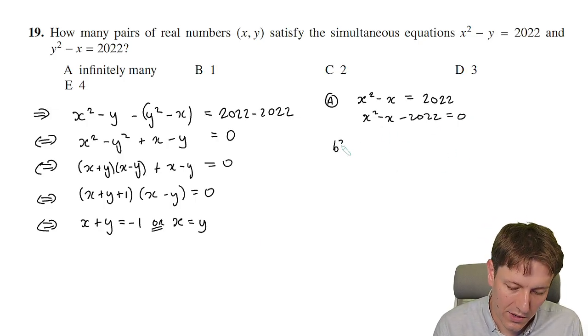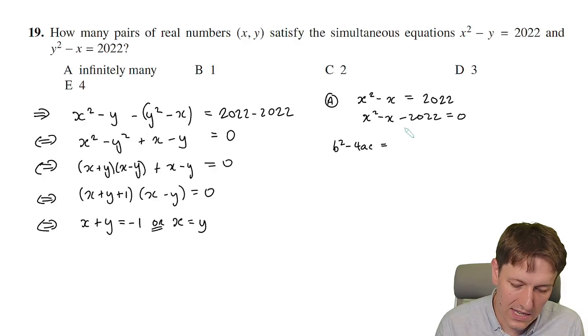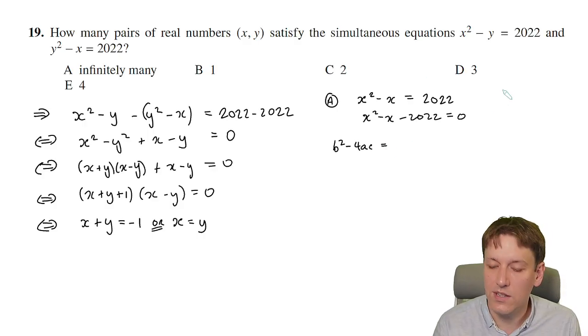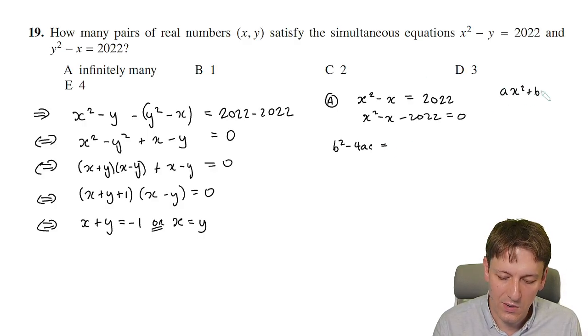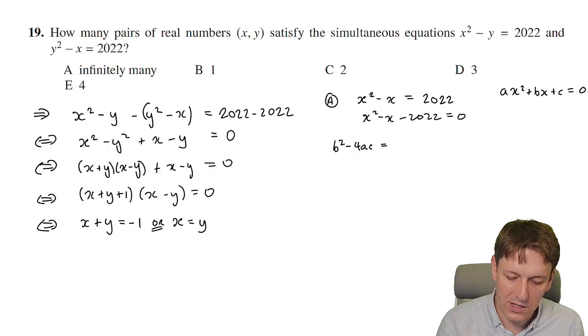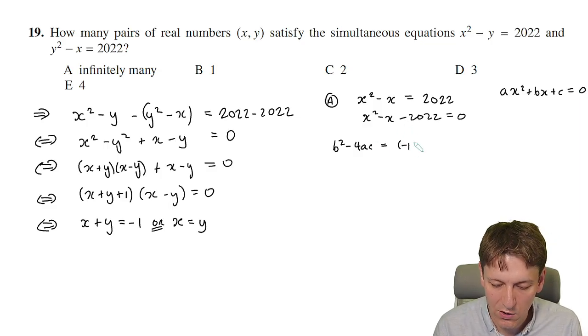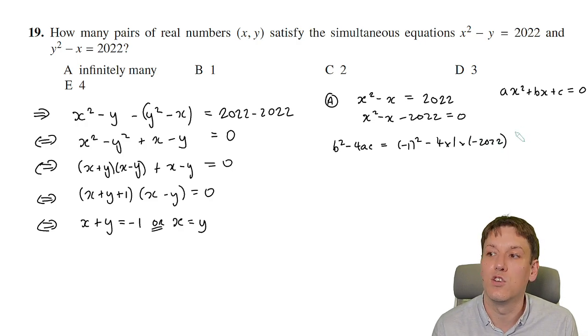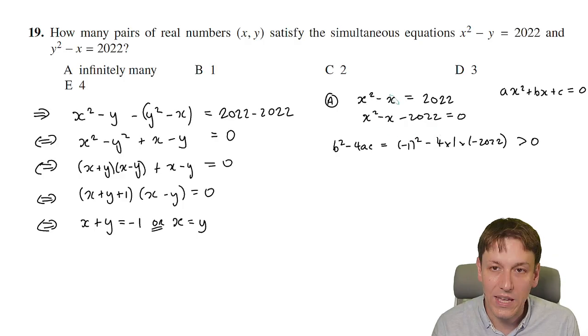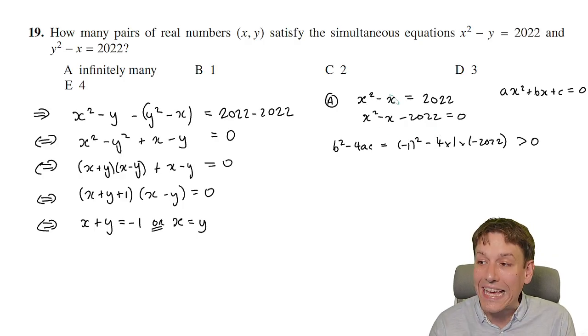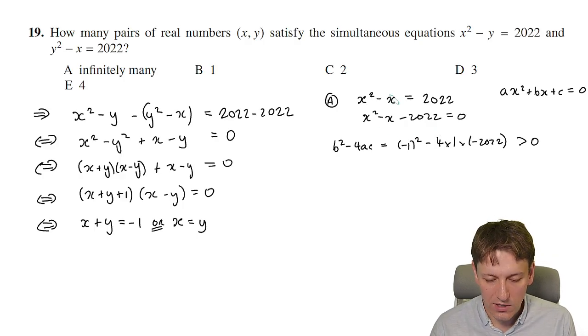Because I can work out b squared minus 4ac here. This is the quadratic equation in the form ax squared plus bx plus c equals 0, so b squared minus 4ac here will be minus 1 squared minus 4 times 1 times minus 2022, so certainly greater than 0 here, and that means that I do get two values of x that work from that equation.